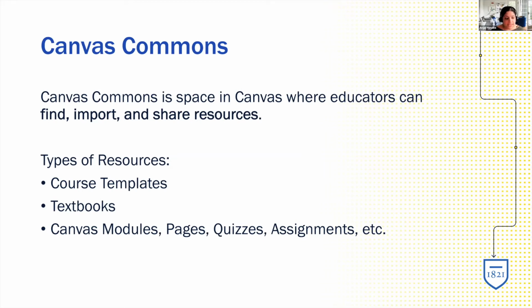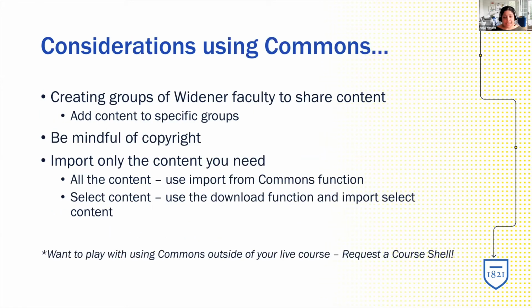So they might be textbooks, course templates, Canvas modules, pages, quizzes. It's a vast opportunity of exploration for things that are already built into Canvas that you might want to integrate into your Canvas courses.